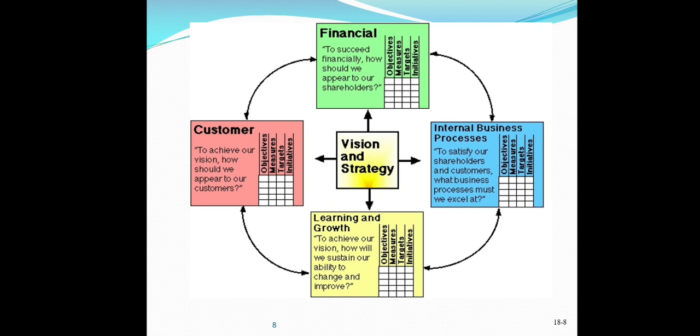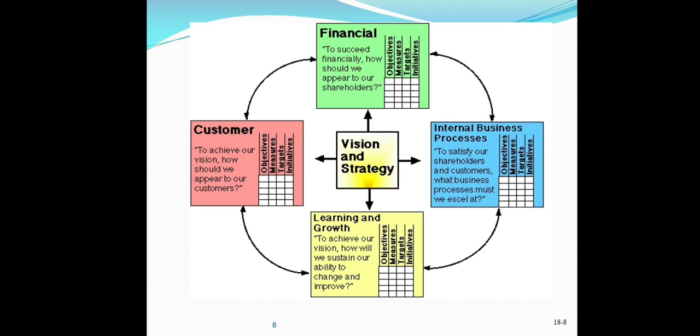Okay, see here. There are 4 perspectives of balanced scorecard. The first one is learning and growth, and then internal business process, and then customer, and then financial. So these 4 perspectives or components of a balanced scorecard are related.